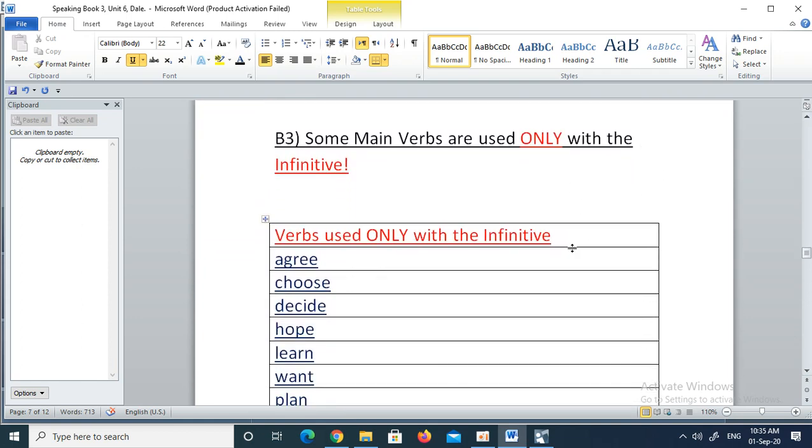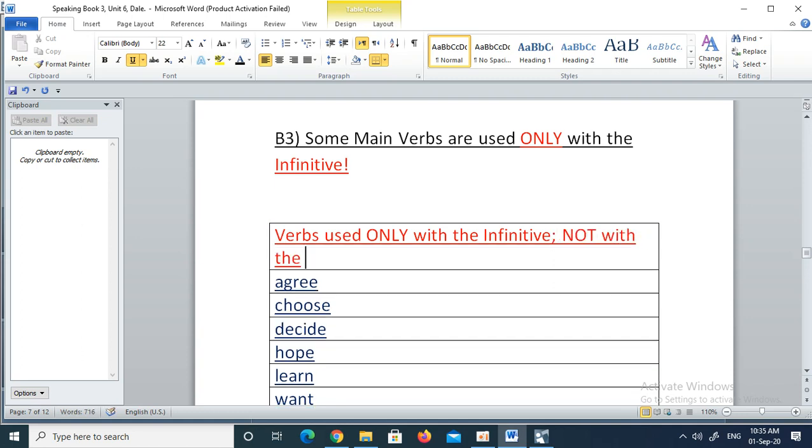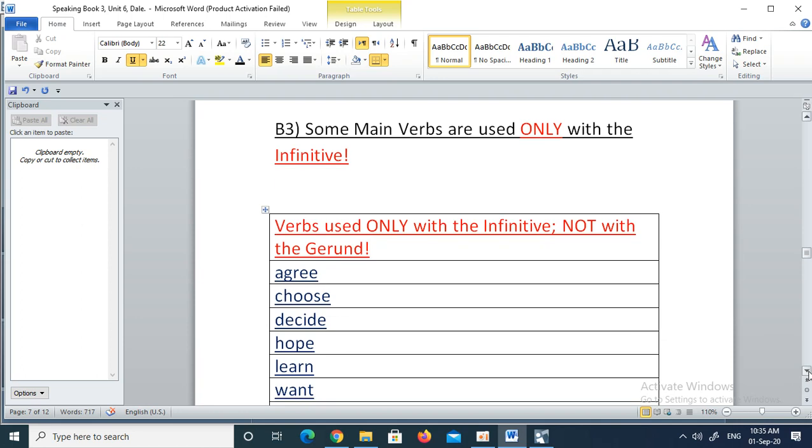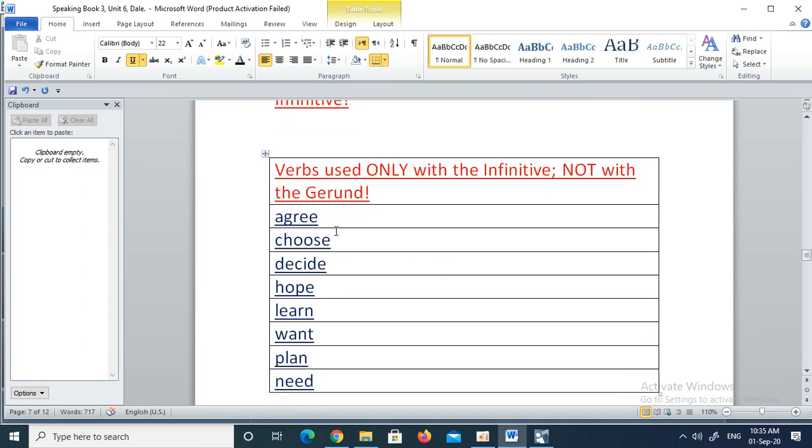Some main verbs are used only with the infinitive, not with the gerund. And those verbs are in this list: agree, choose, decide, hope, learn, want, plan, or need.